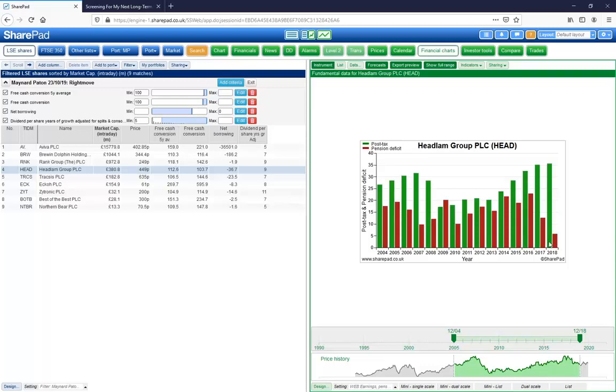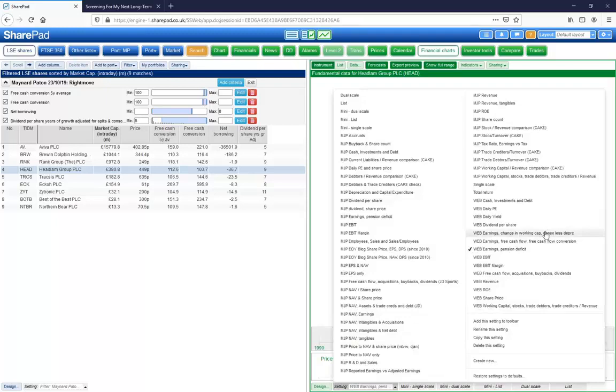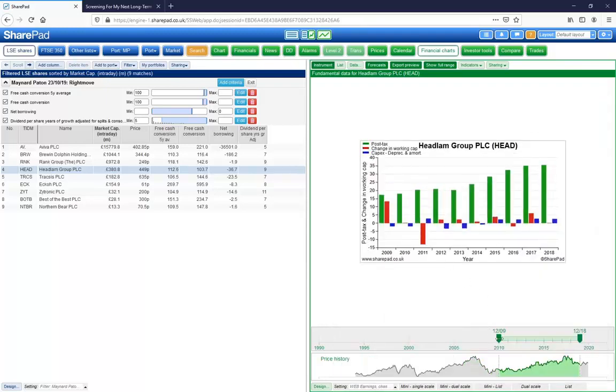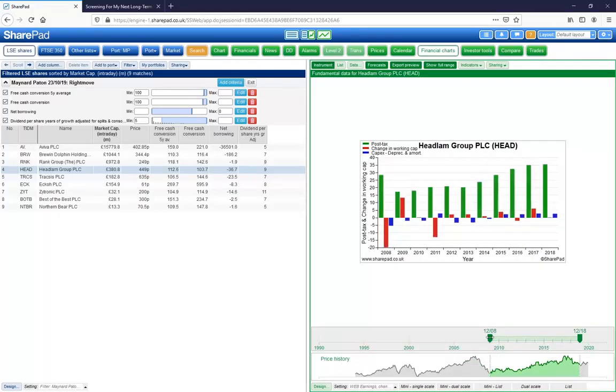So this is an interesting chart. This is perhaps the most important one for Headlam. So green is earnings, and the blue bars are the interesting ones. This is the difference between cash spent on capital expenditure and the associated depreciation charged against the income.